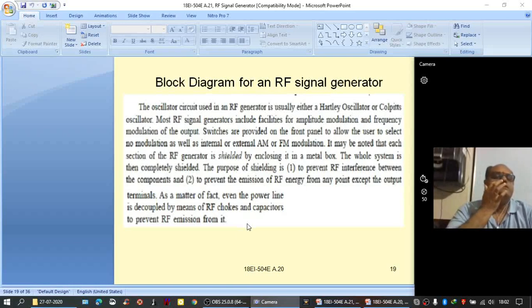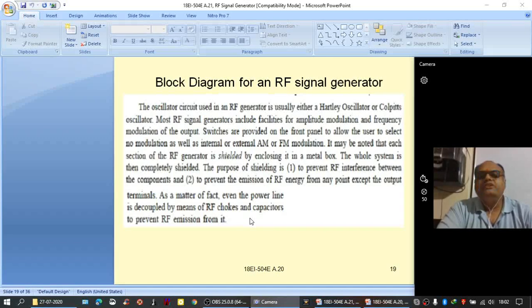Radio frequency signals are always available from supply mains due to fluctuations, either supply voltage fluctuations or switching transients. Switching transients are nothing but a combination of infinite high frequency signals. And even supply voltage surges and supply voltage fluctuations will be of high frequencies.